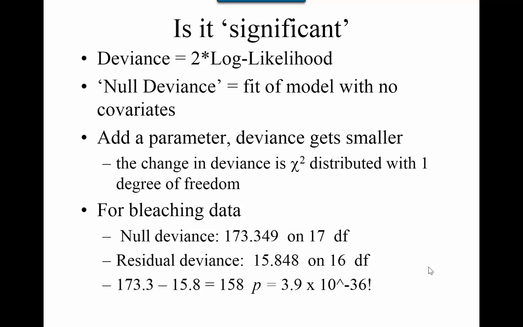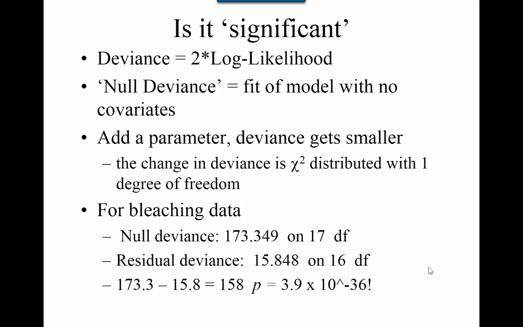It turns out that if that covariate has absolutely no relationship whatsoever to the response, or to the expected value of the response, then the change in deviance from the null deviance to the deviance including the covariate is going to follow a chi-square distribution with 1 degree of freedom. So this gives us a test with which we can judge whether the additional parameter, the covariate, is in fact giving us a significant change in the prediction of the model.